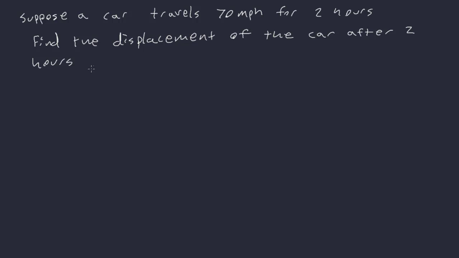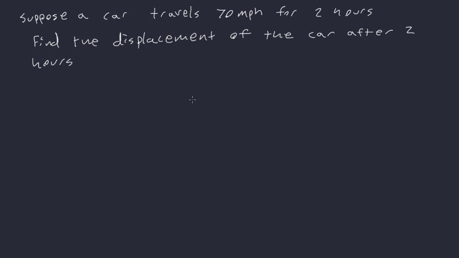Now, if we want to find the displacement of the car after 2 hours, well, if you always have a positive orientation, displacement's pretty much the same as total distance traveled.